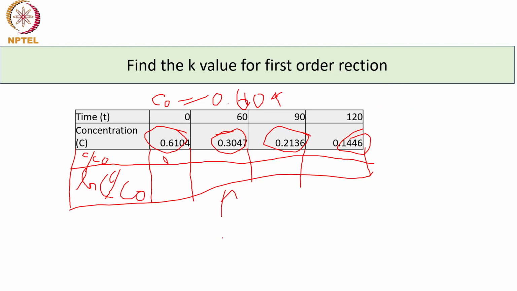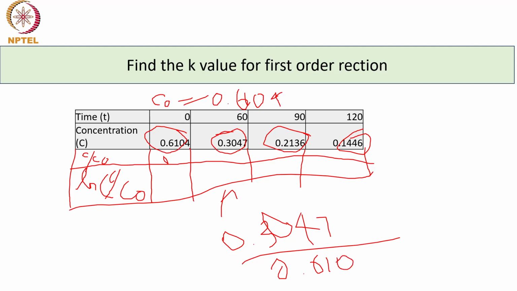For this it will be 0.3047 divided by 0.6104. So it will be 0.4998.